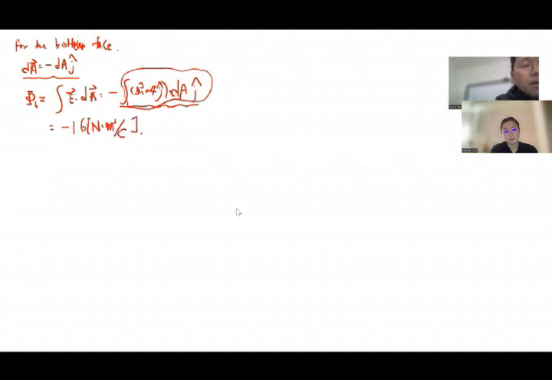Then the remaining faces of this Gaussian cube are the front and back faces.